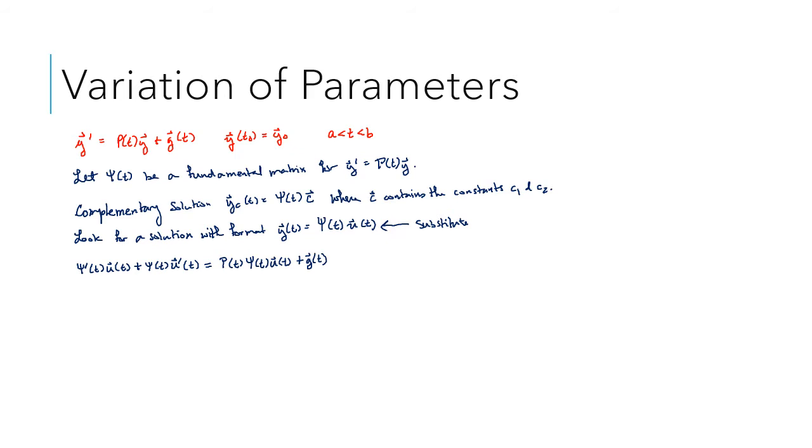So psi prime is the same as p of t multiplied by psi. So I can write that as psi prime u of t is the same as p of t times psi of t times u of t.